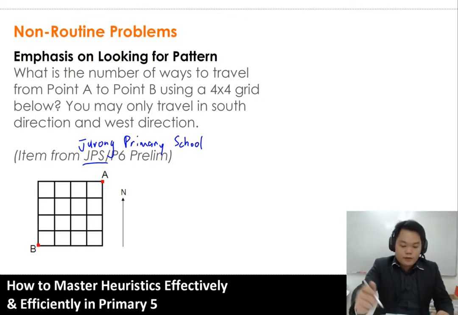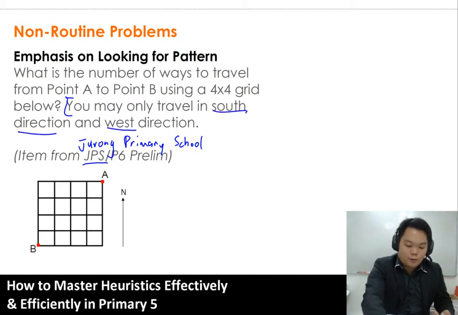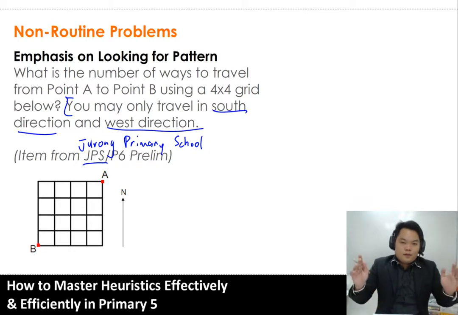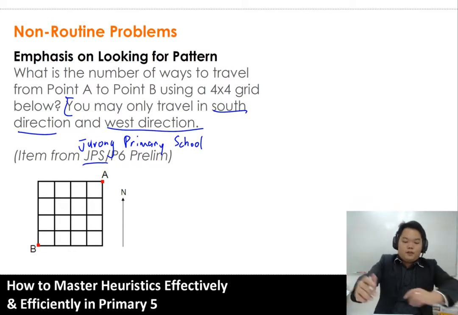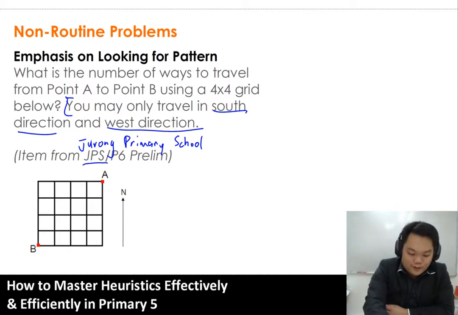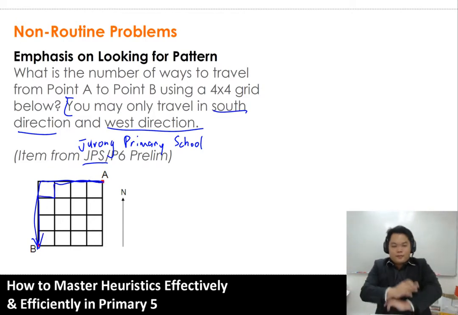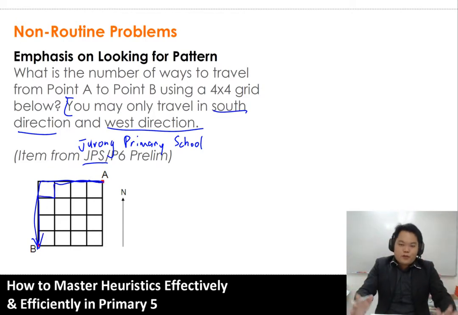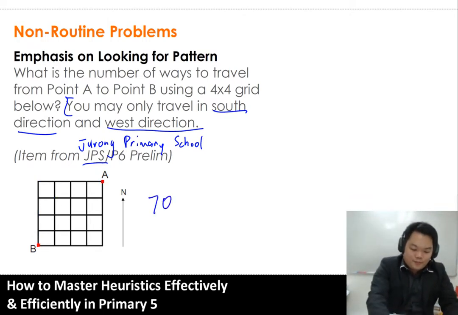Now the restriction here is that you can only travel in the south direction or the west direction. Then you will be thinking, okay, I'll just list out everything. 1 way, 2 ways, and so on. Well, eventually, if you do this, you will get the answer, which is 70.